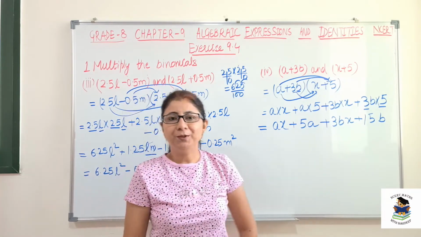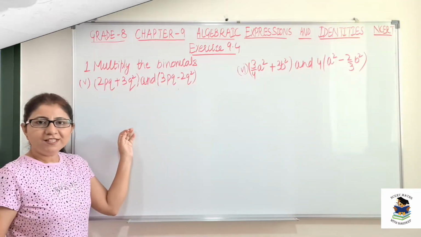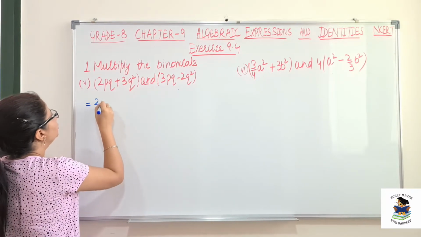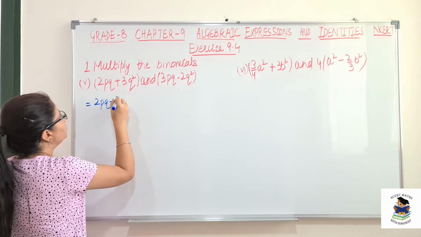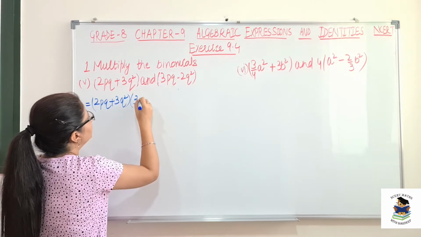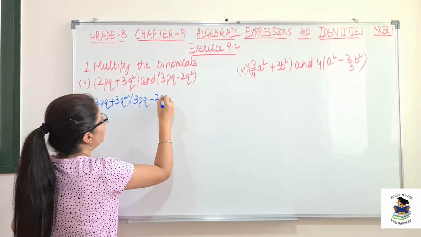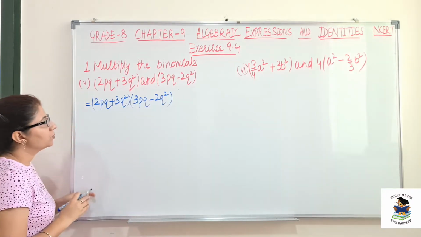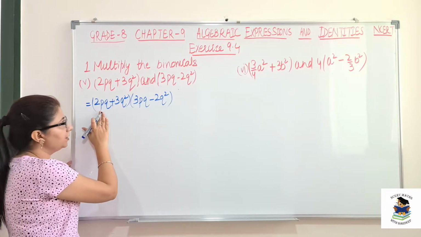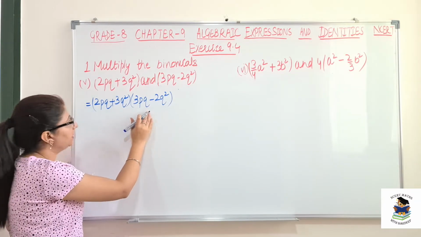Now let's move on to the remaining part of the question. So this is our fifth part, so let's solve it. That is 2pq plus 3q square should be multiplied with 3pq minus 2q square. So again we will multiply first binomial, first term with each term of the second binomial.